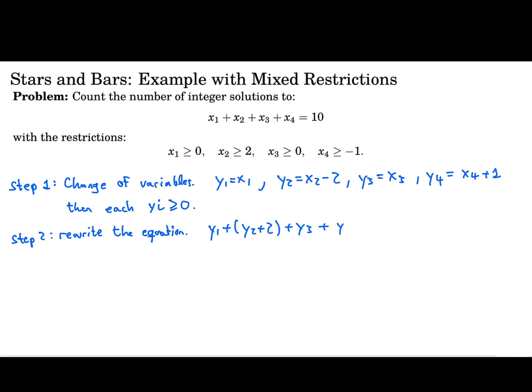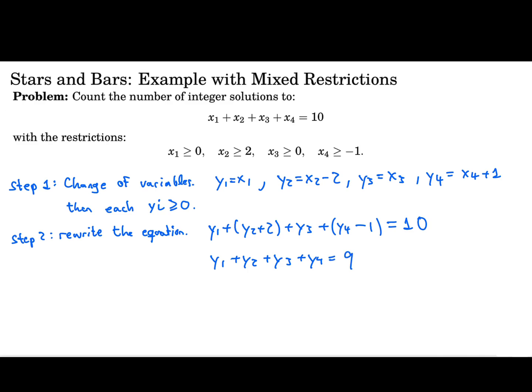And this is equal to 10. If we write it out, we get y1 plus y2 plus y3 plus y4, and here we get a 2 minus 1, which is 1. We pass it to the other side, we get a 9.